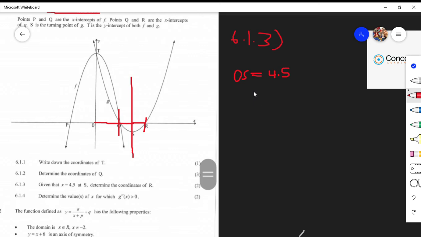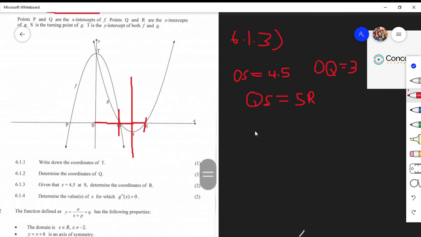So we know that QS is equal to SR. And we know that OQ was equal to 3 units because its x value is 3, right?